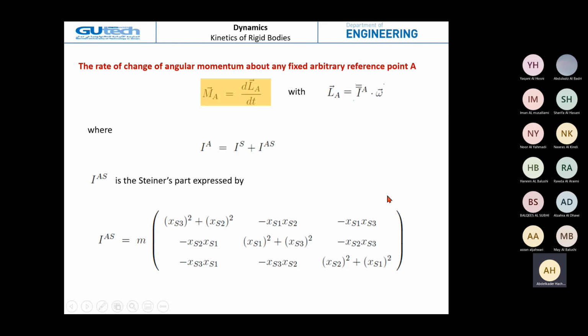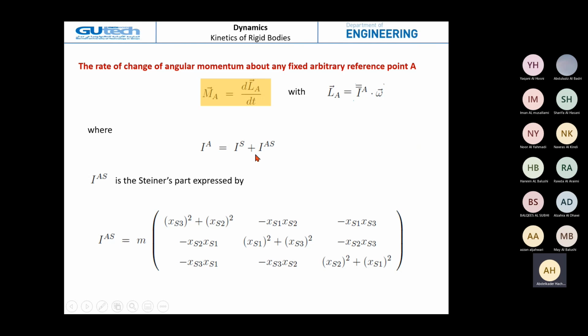As I said, the equation comes from this one. When we have I_S, this is what we have: 1 divided by 12, the mass multiplied by A squared plus B squared.